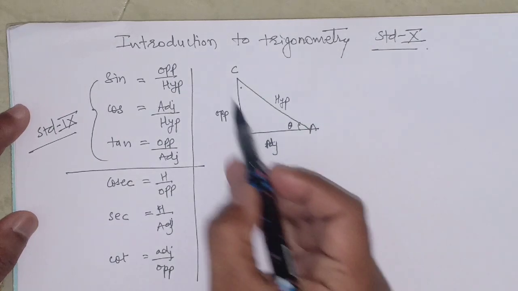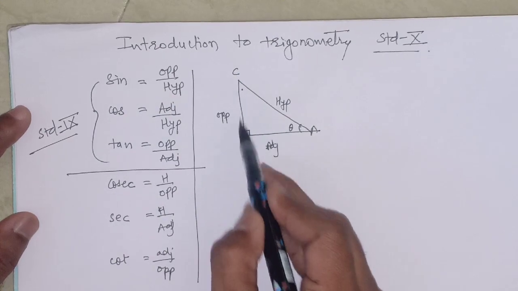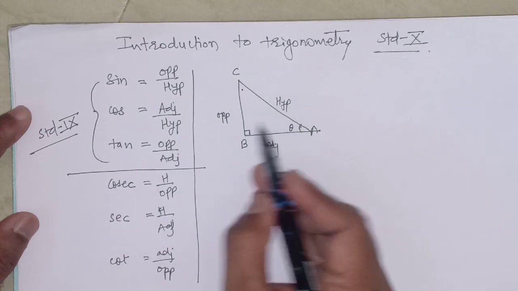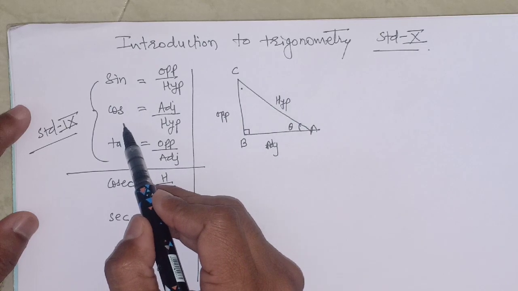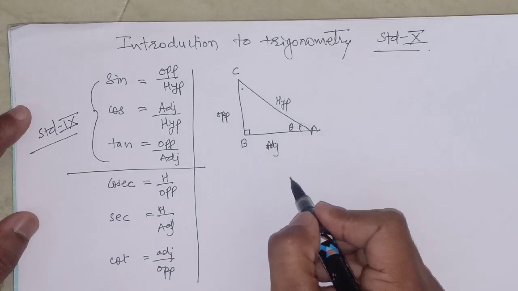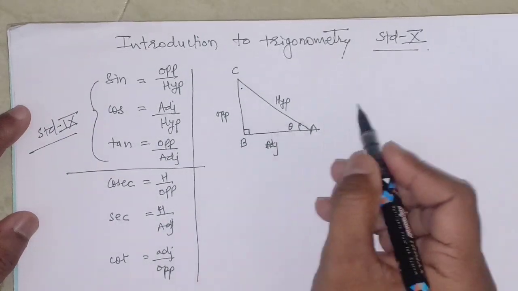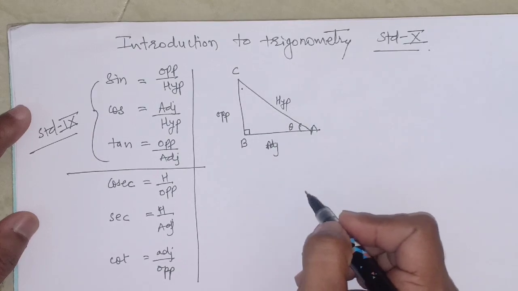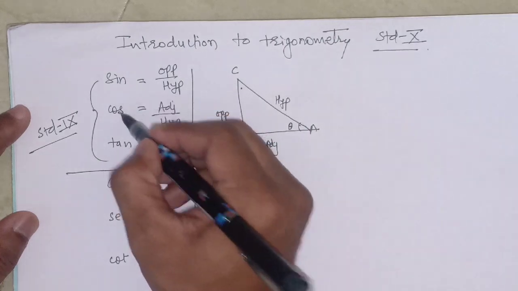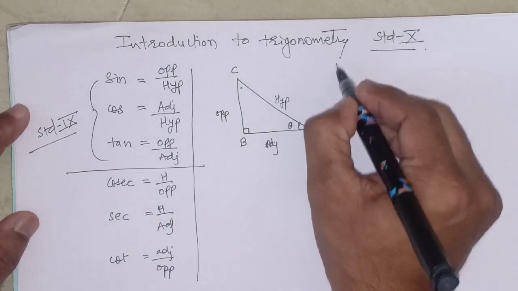Now we know that sin theta is opposite BC upon hypotenuse AC. Cos theta is adjacent AB upon hypotenuse AC. In this way, we can find all the six ratios.